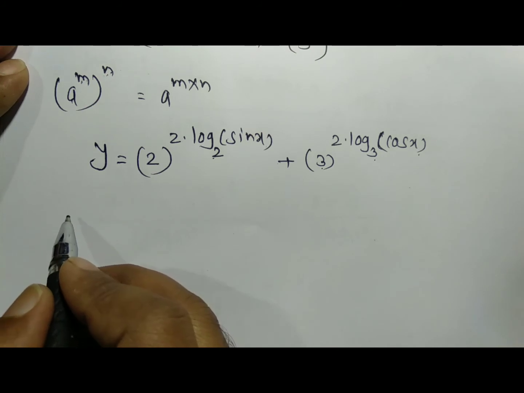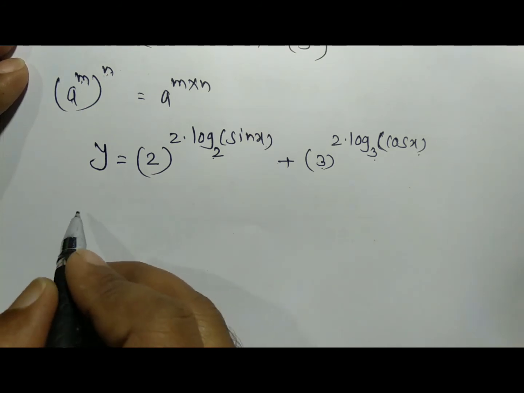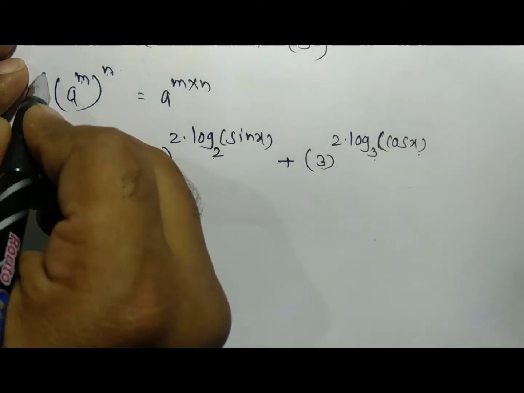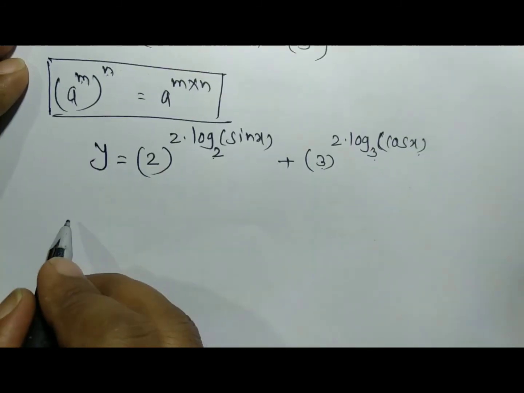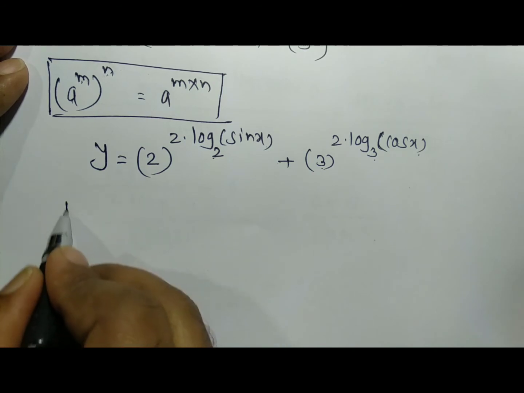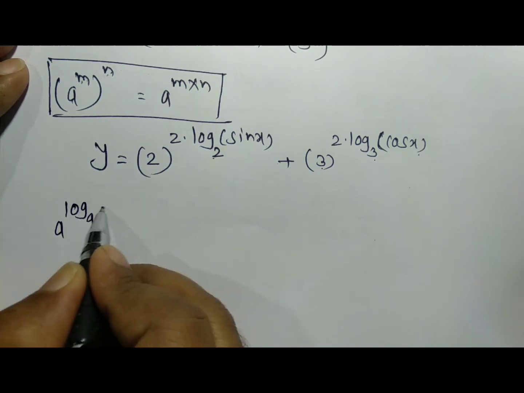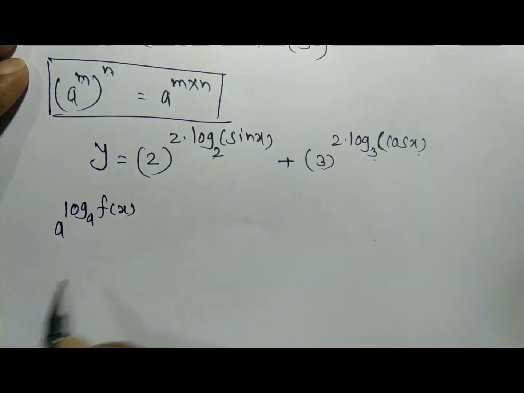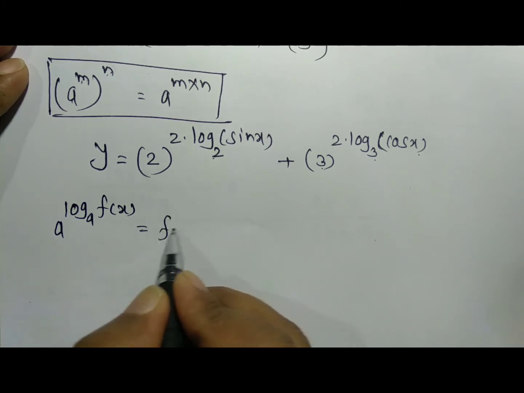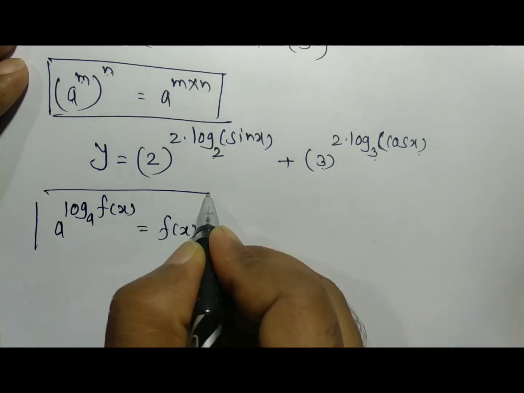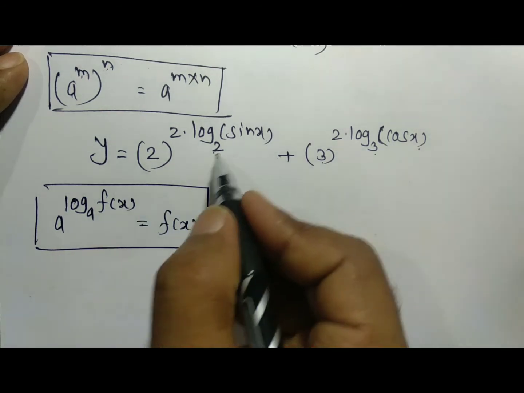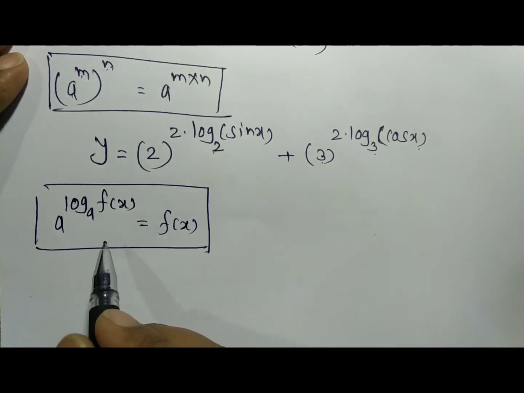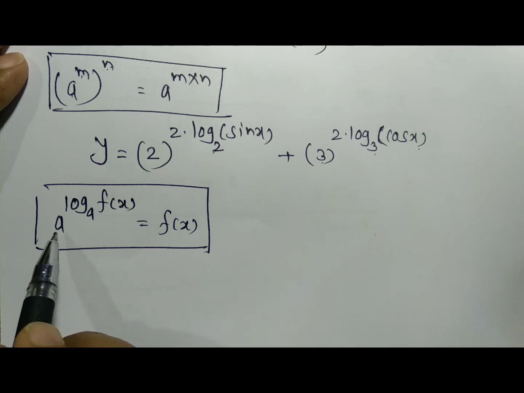Right now we use another formula related to that one. The formula is a raised to log to the base a of f of x, and at that time the answer is f of x. By using this formula we get the following.